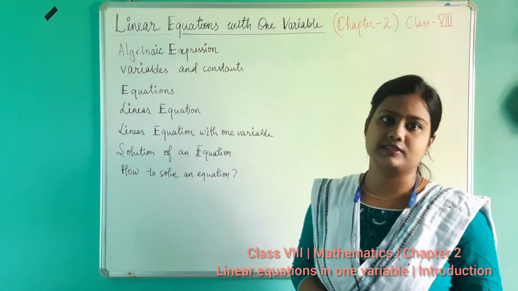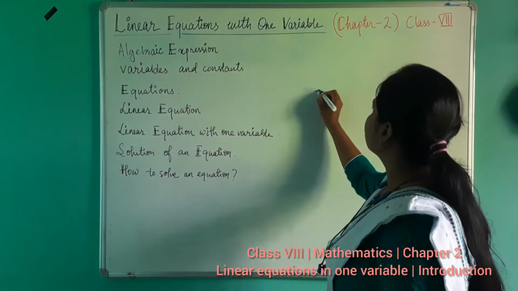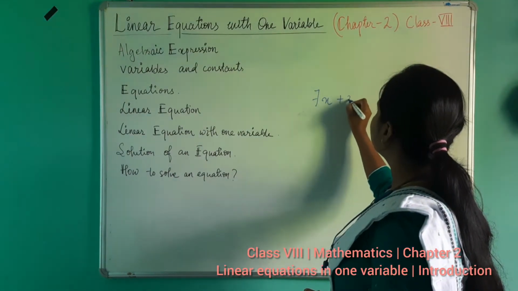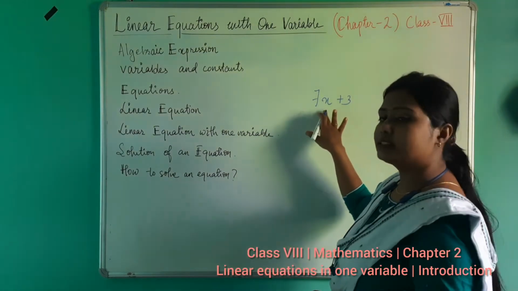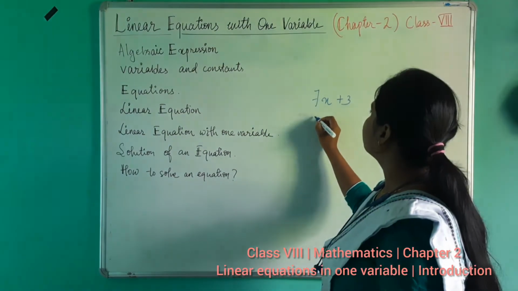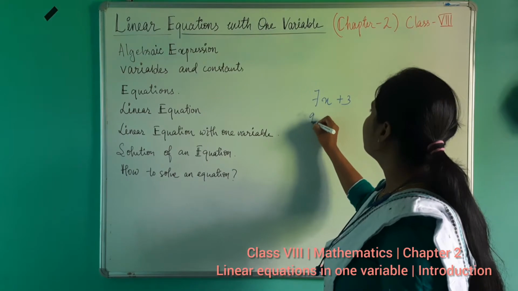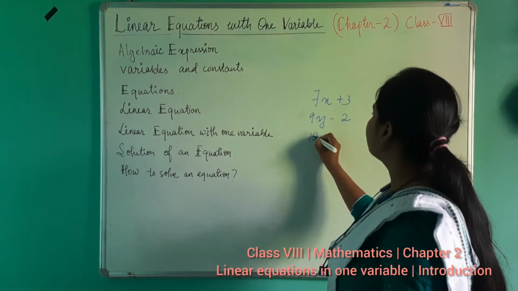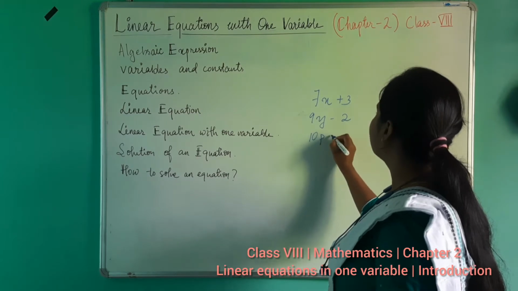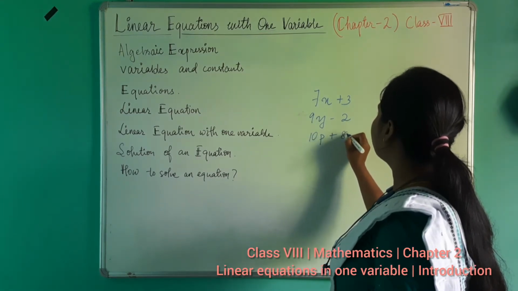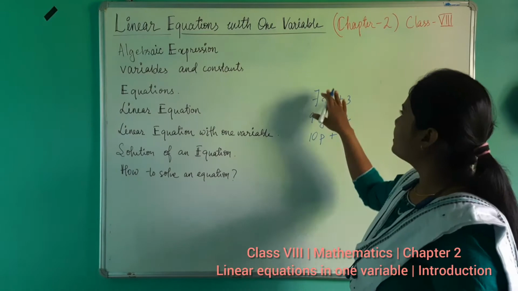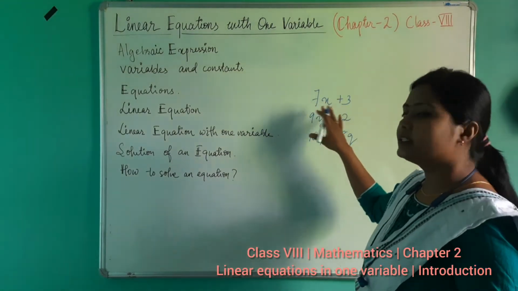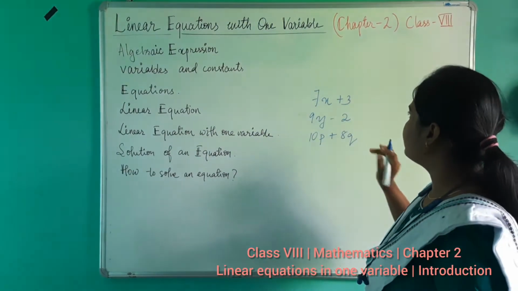What is an expression? I wrote here 7x plus 3. Again, let me write 9y minus 2, 10p plus 8q. So here I wrote some of the combinations of constant and variable terms.